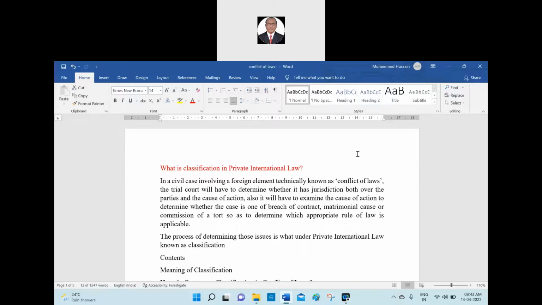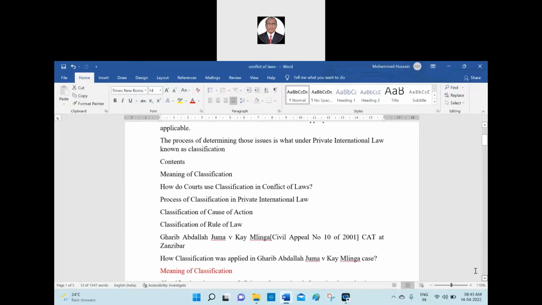In a civil case involving a foreign element, technically known as conflict of laws, the trial court will have to determine whether it has jurisdiction both over the parties and the cause of action, and it will have to examine the cause of action to determine whether the case is one of breach of contract, or a matrimonial cause, or the commission of a tort, or to determine which appropriate rule of law is applicable. The process of determining those issues is what private international law knows as classification.